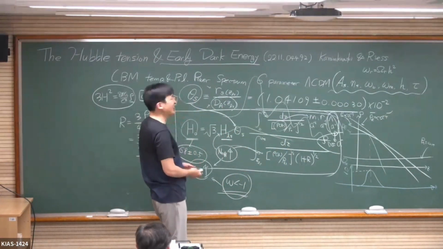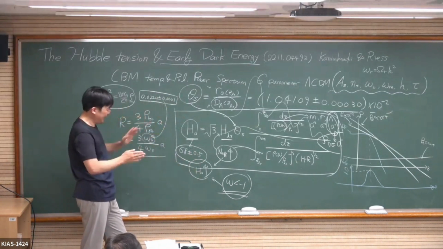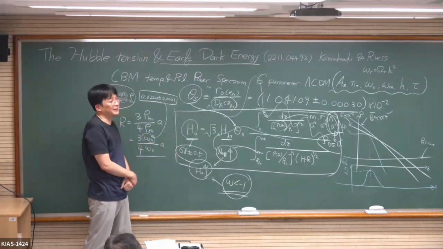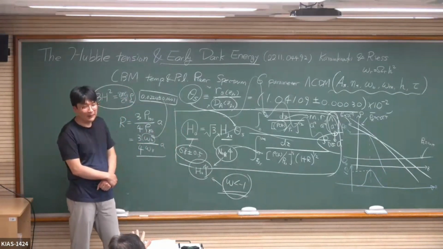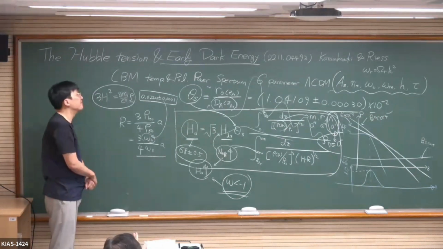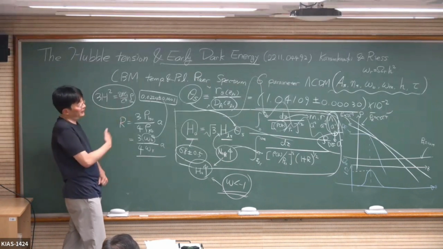Yeah, true. I mean, again, at this precise level, maybe we may want to consider that. This assumes that fluctuation is completely, 100% adiabatic. Yes, there are many alternatives that we can try.